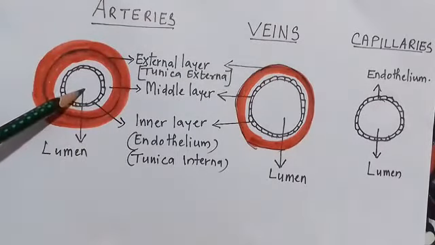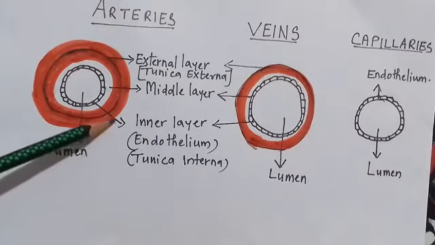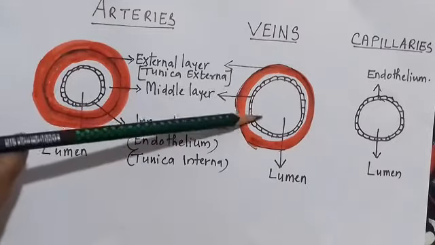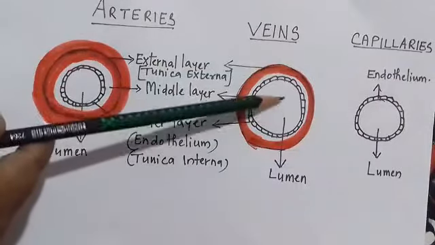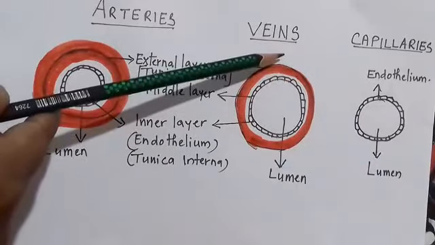Arteries carry blood away from the heart to different organs. Veins carry blood towards the heart, that is, from different organs to the heart.